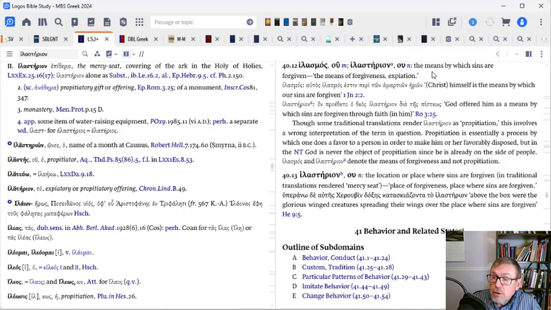When they're looking at hilasterion, they, from their theological position, say that it's not right to translate it as propitiation. Propitiation is essentially a process by which one does a favor to a person in order to make him or her favorably disposed. But in the New Testament, God is never the object of propitiation, since he is already on the side of the people. So they're saying that it means forgiveness, denotes the means of forgiveness, not propitiation. That's their definition, and it differs from some of the other resources.